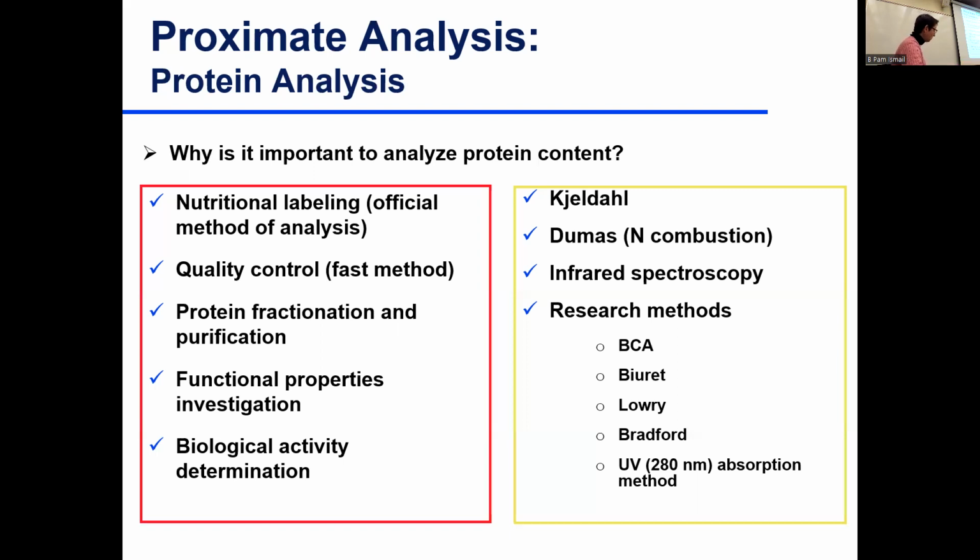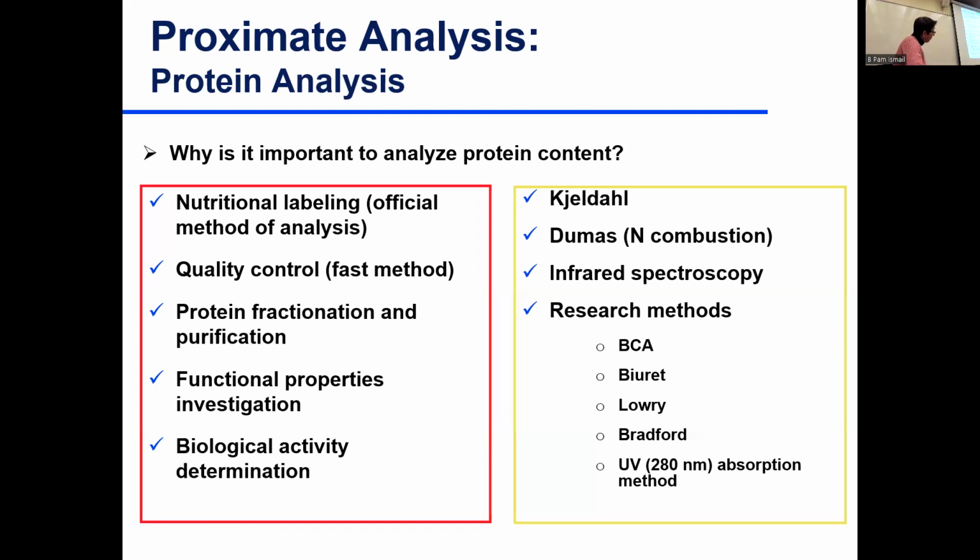And these are the methods we use to calibrate, for example, IR instrumentation, whether mid-IR, which is mostly used for dairy, or near-IR, NIR, mostly for powder, high carbohydrate samples, where you use calibrated near-IR.